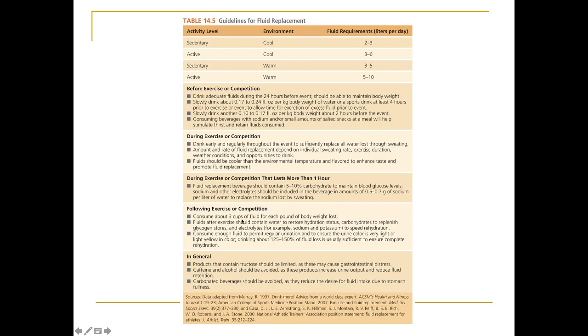And that is a hard and fast rule. You should be consuming enough fluid to permit regular urination and ensure a light color of your urine. In general, about 125 to 150% of fluid loss is usually sufficient to ensure complete rehydration.